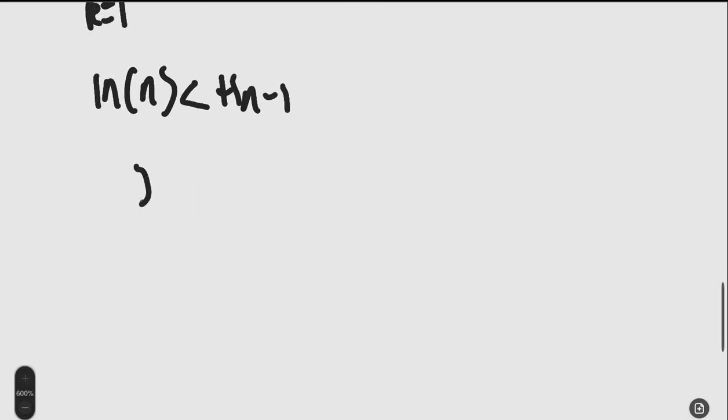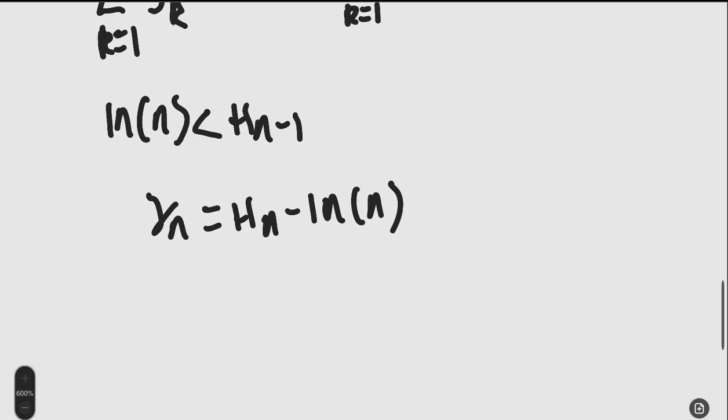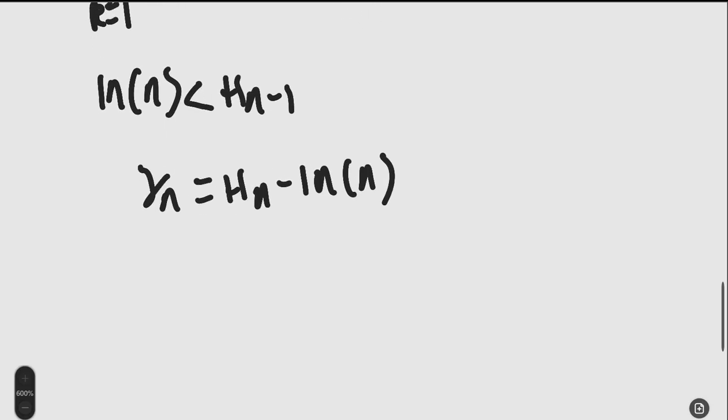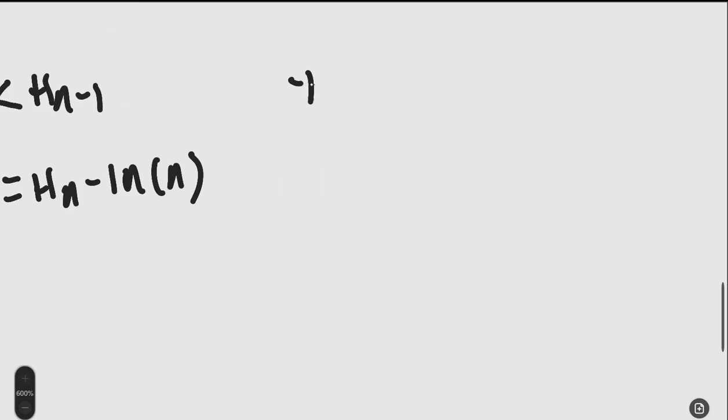And in our Euler-Mascheroni constant that we have, we are going to say that gamma_n is going to be the harmonic number H_n minus the natural log of n. And here we have negatives in, so we're going to multiply both sides by minus 1. And we will get that minus H_(n minus 1) is going to be less than minus ln of n.